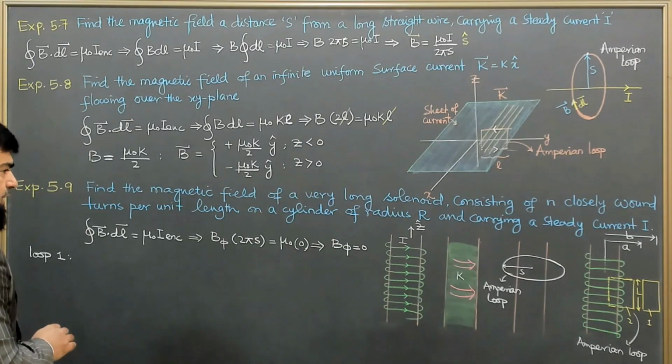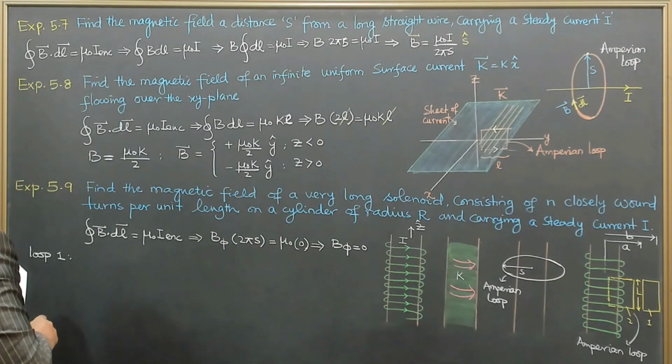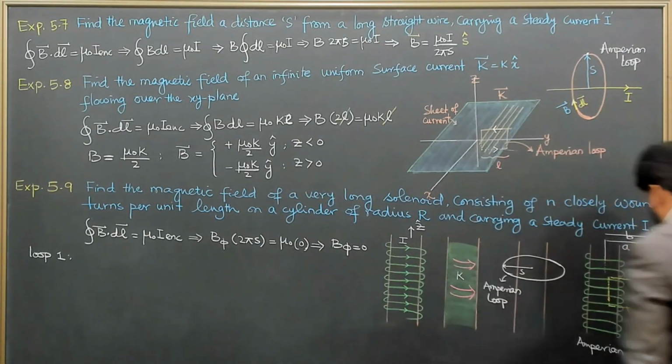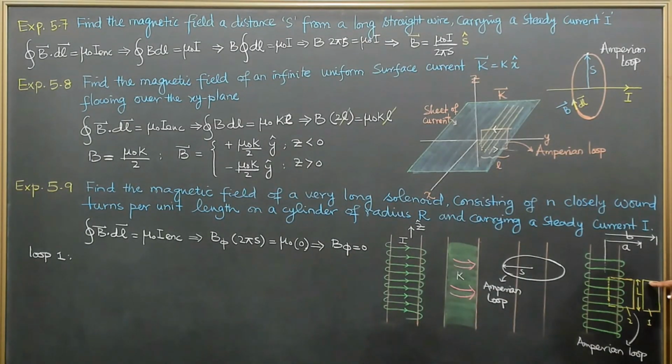I can write that one side, because this one has no contribution, this side and this side. So we have this one contribution, and then this one contribution.